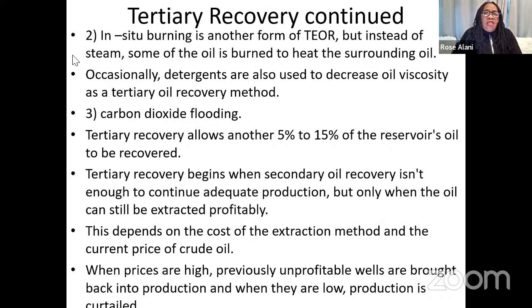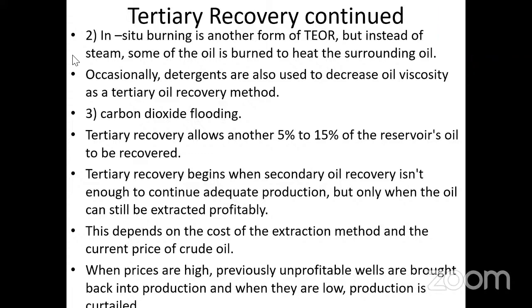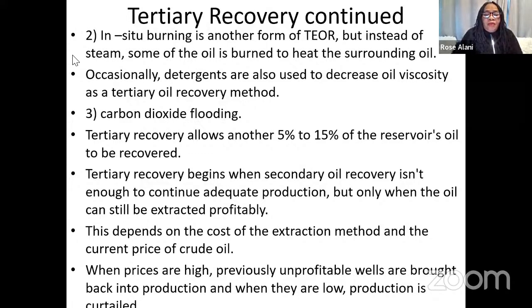If it is not economical to carry out the extraction method, then it's not worth it. If it's economical, the tertiary method is carried out. And also if the crude oil price is high, it is worth carrying it out.